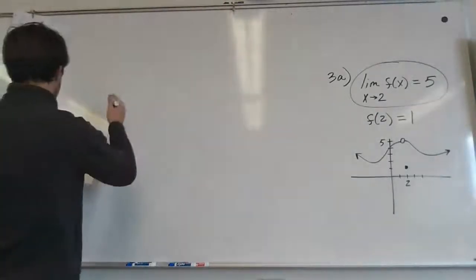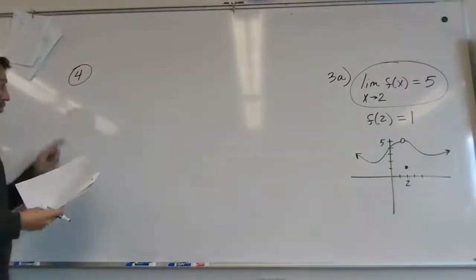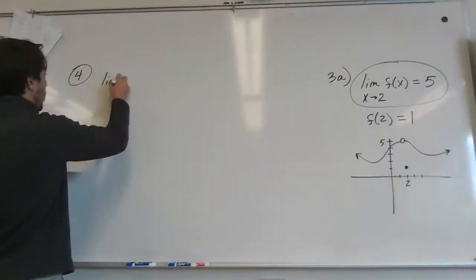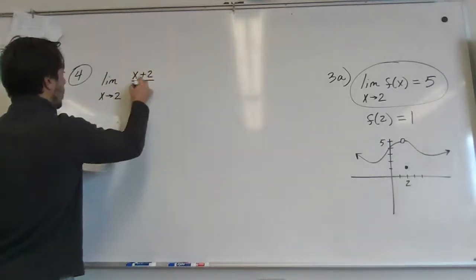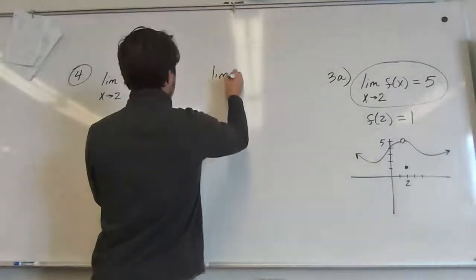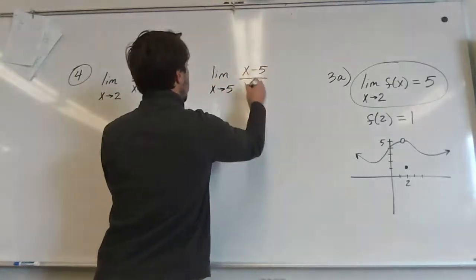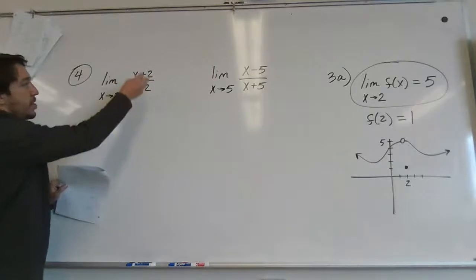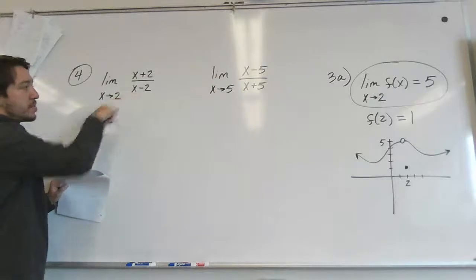Okay, so look at 4. So sometimes it doesn't say f of x, it actually gives you what the function is. So this first one, if you were to graph this, what kind of structure does this have at 2?